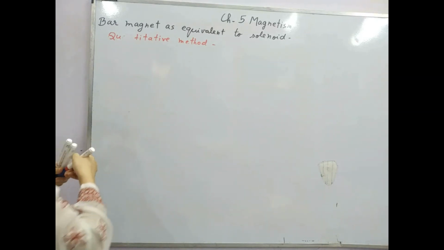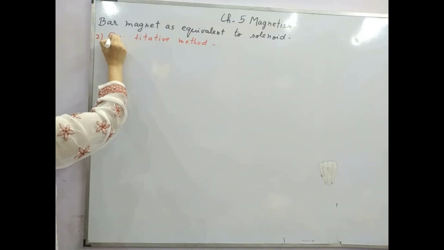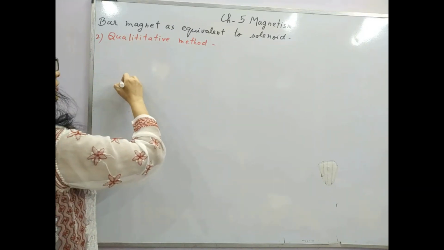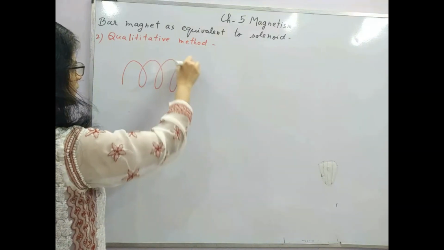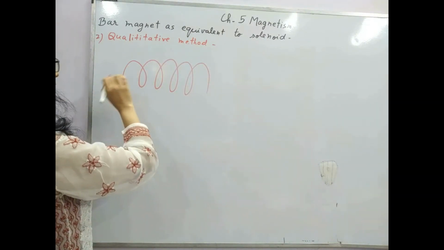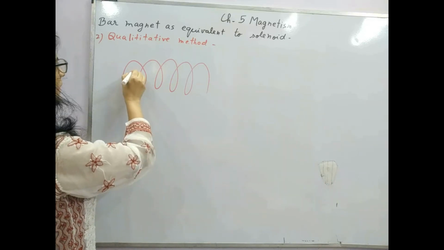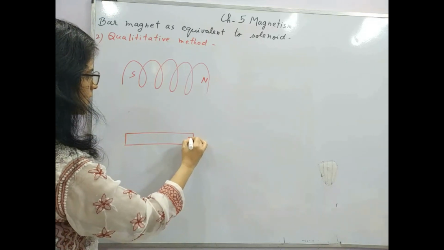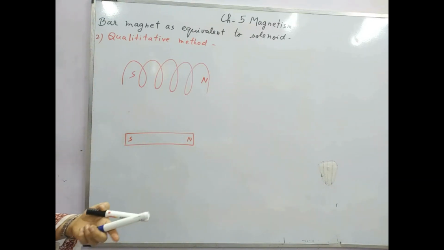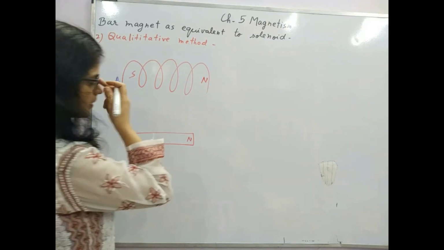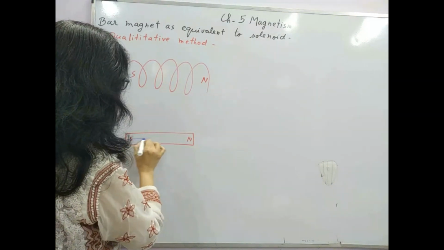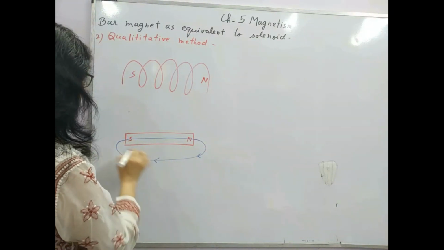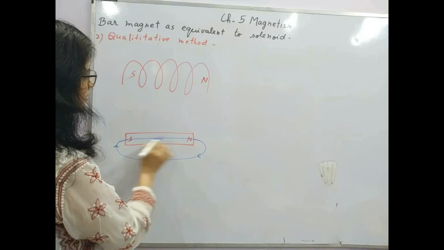So the second is qualitative method. Qualitative method means we know that we can draw the magnetic field lines for a solenoid. If you have this side as south and this as north, and if we consider a bar magnet having this as north and this as south, we know that the magnetic field lines will be similar in both the cases, starting from north and ending at south, and it continues inside also.